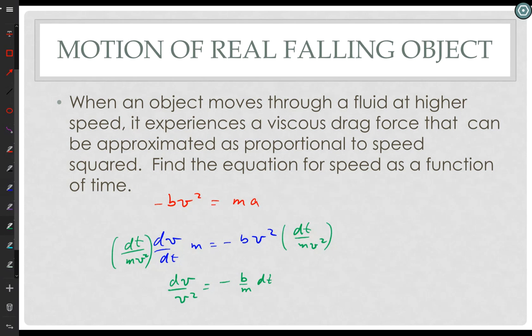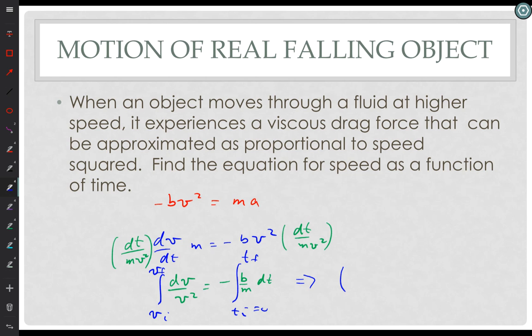Negative. I'm with you. Minus 1 times v to the minus 1. Okay, we have v to the minus 2. We integrate, so we raise the power by 1, so it's v to the minus 1.